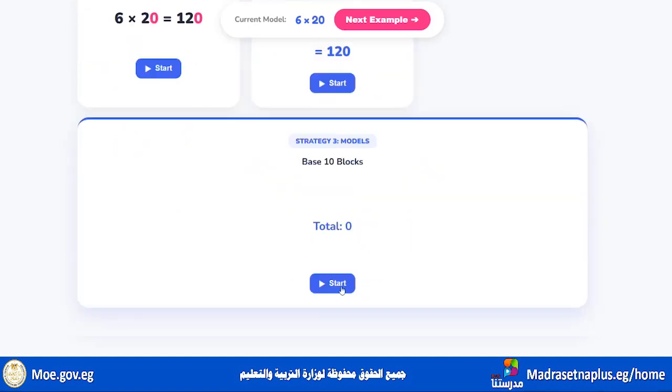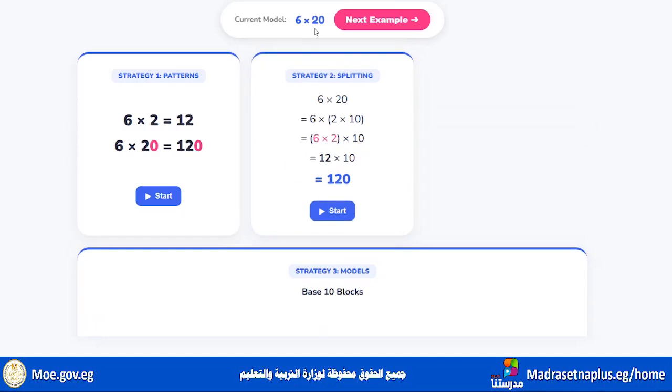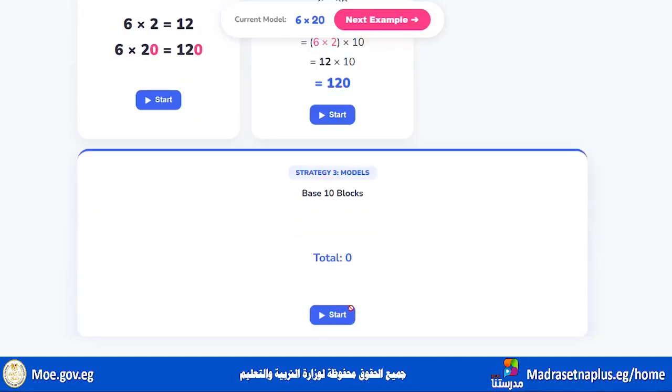What about blocks? We have 6 blocks of 20: 1, 2, 3, 4, 5, and 6. So I repeat 20 6 times: 20, 20, 20, 20, and so on. There are 6 20s. The sum is 120, by splitting, by pattern, or by blocks.